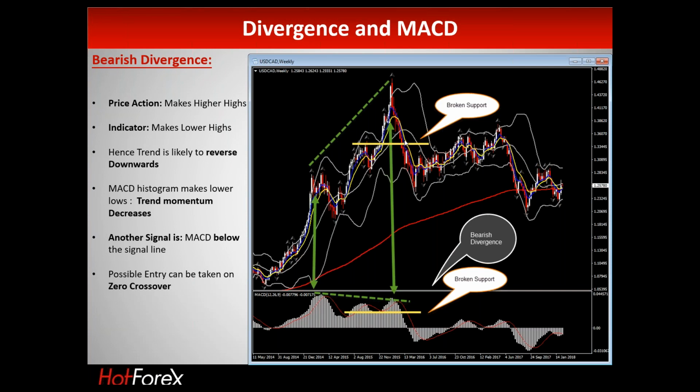When I see a break of my support in the price action, and indeed, if you put a vertical line over here, you see it happened at the same time, and I did see the signal line and the histogram break my support line in the MACD as well, I will enter short.